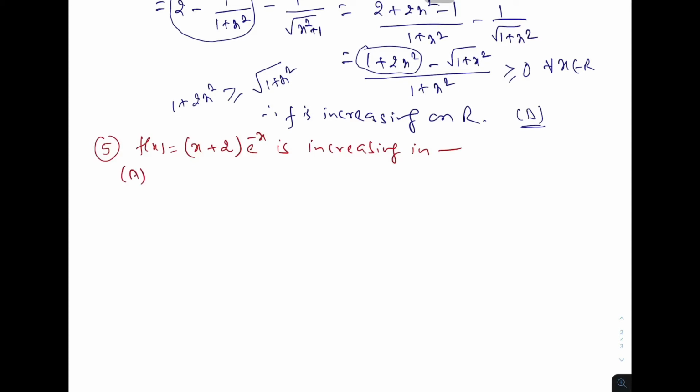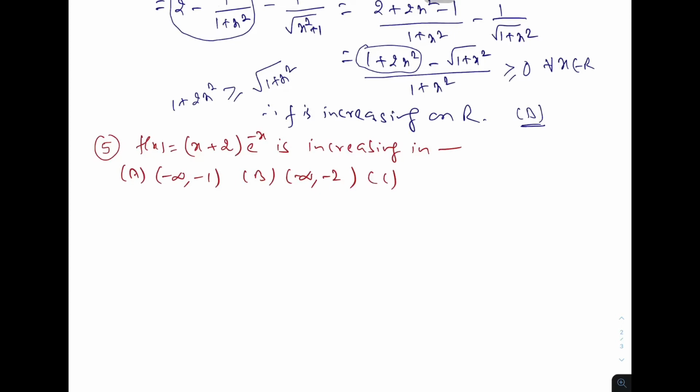Options are minus infinity to minus 1, minus 1 to infinity. Sorry, minus infinity to minus 2, then 2 to infinity, and the positive real numbers, that is 0 to infinity.